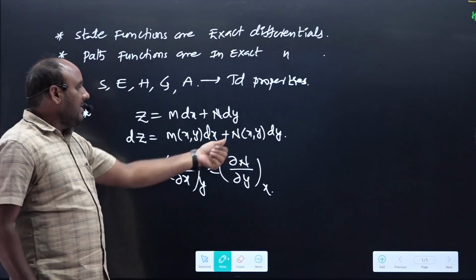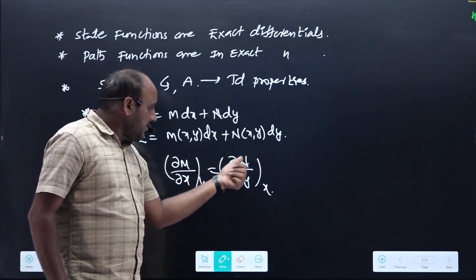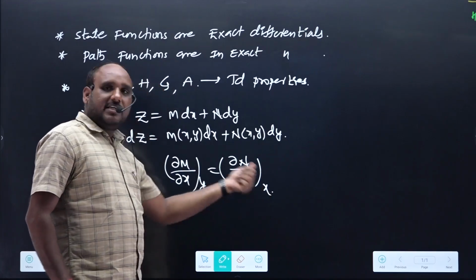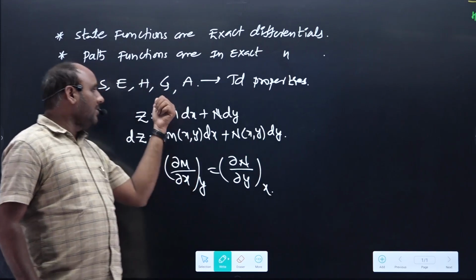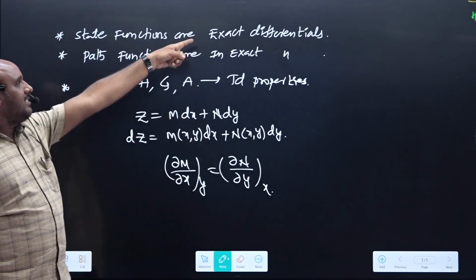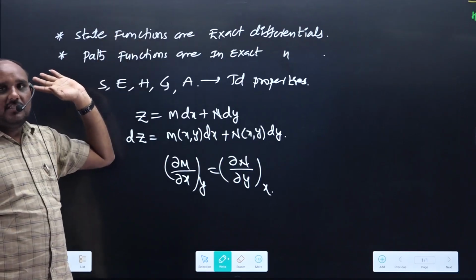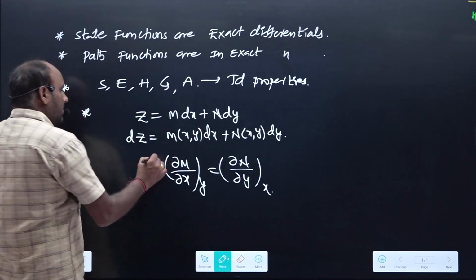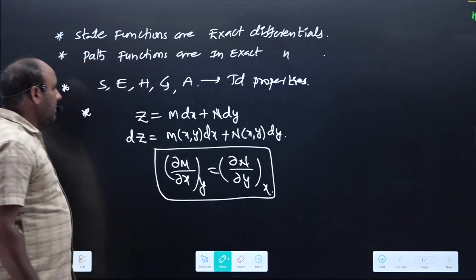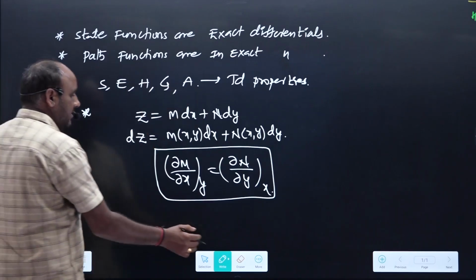N is also a function of x and y, and N is differentiated with respect to y at constant x. When these two are equal, we say that the particular property is an exact differential property. That exact differential property is nothing but a state function, right? So this is the formula we have to apply. We have to check once whether these thermodynamic properties satisfy it or not, right?